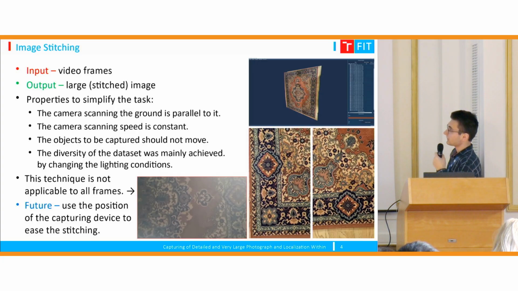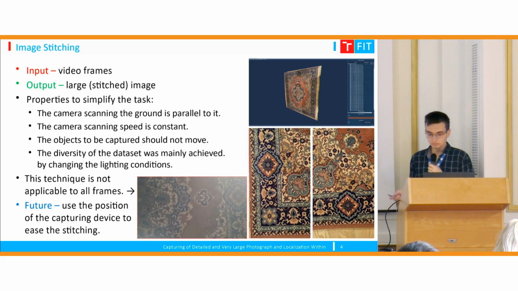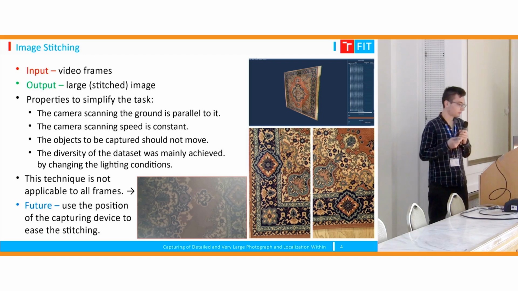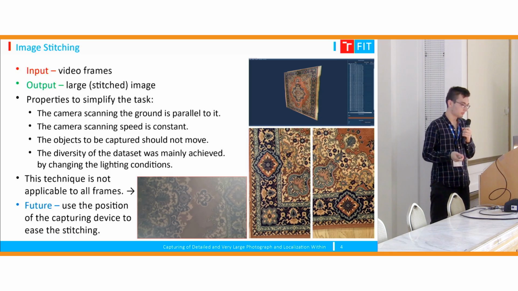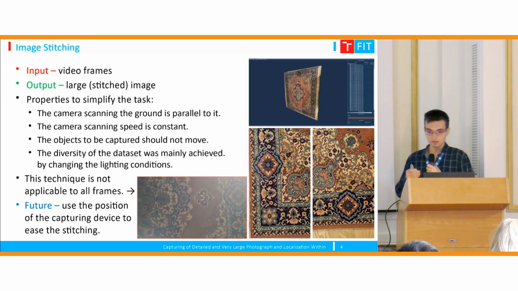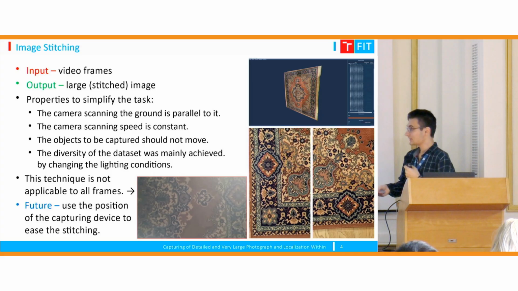The first step of this work was image stitching. The input of this stage is video frames, and the output is a large stitched image. For this task I used conventional methods such as SIFT and then FLANN for matching of the features. There are some properties I defined to simplify the task of obtaining the videos.